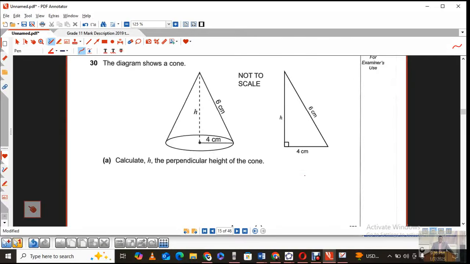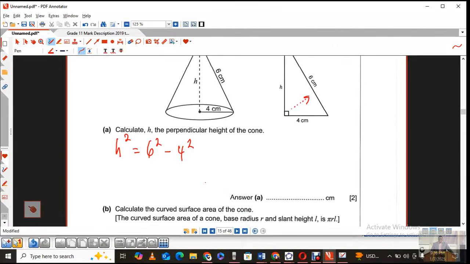Since we are looking for a short side, we are going to subtract the square of the shorter side from the square of the hypotenuse, the hypotenuse being 6 squared minus 4 squared. So when you look for a short side, you subtract. The hypotenuse is always opposite the right angle, so it's the longer side. From here on, it's just a matter of you calculating. 6 squared is 36. So this is 36 minus 16.